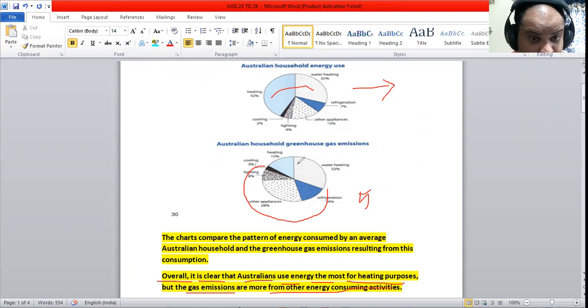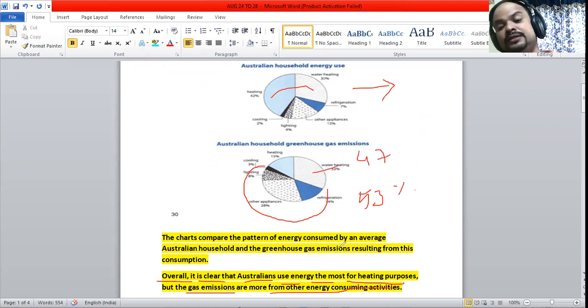It is 53% from other sources, just 47% from this. So you can say the gas emissions are more from other energy consuming activities. Definitely.